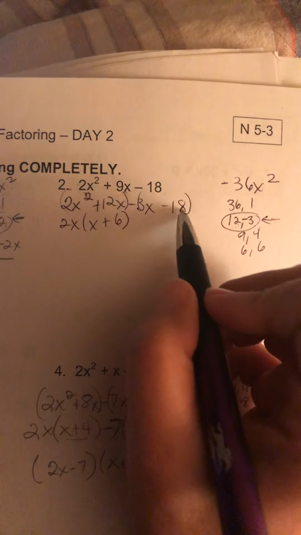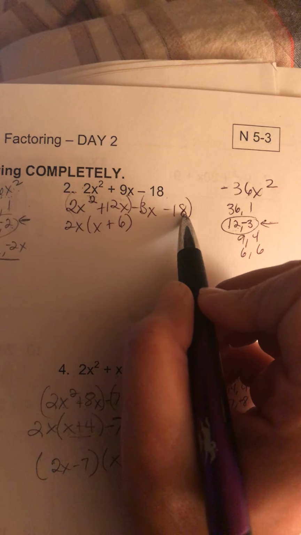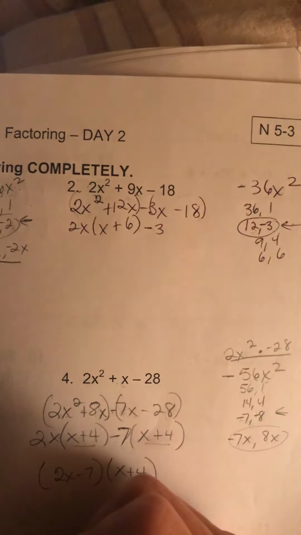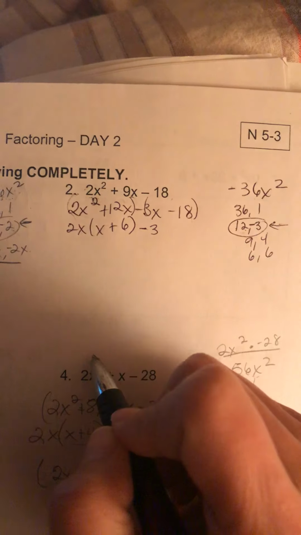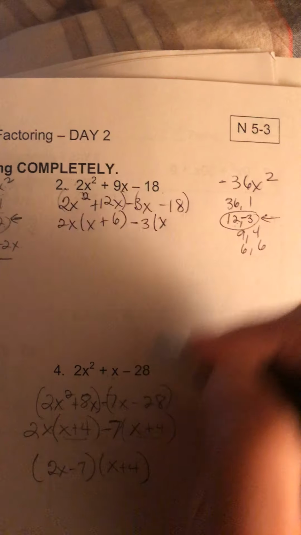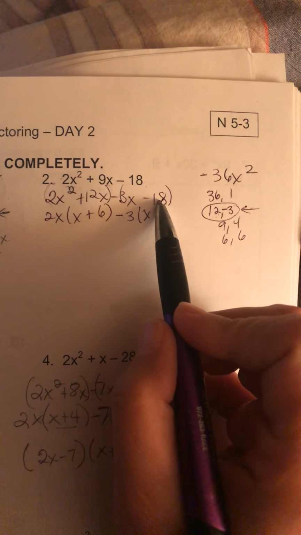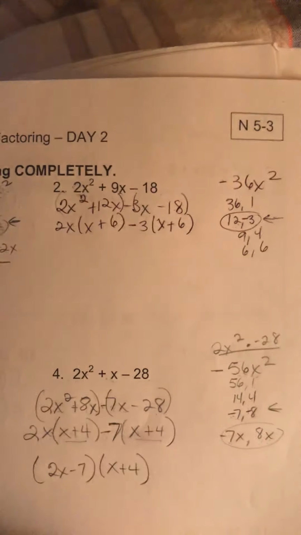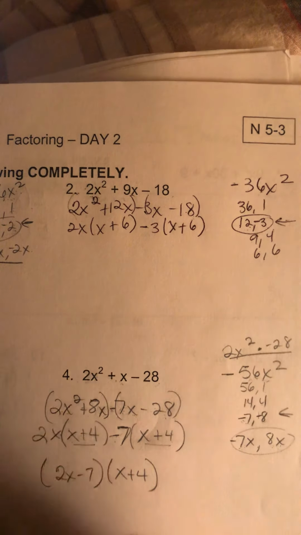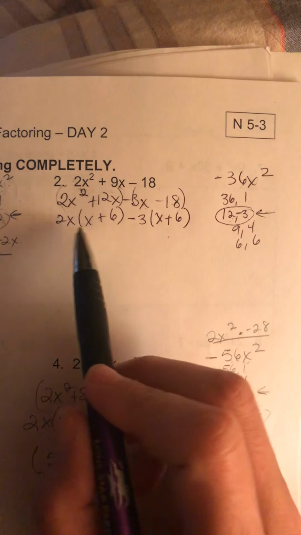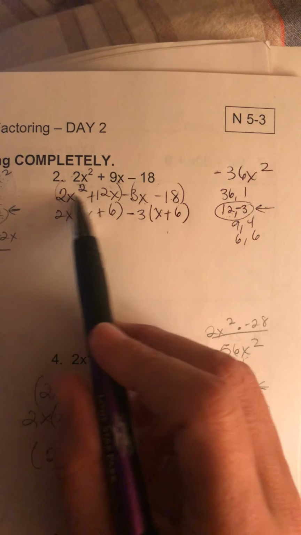What do these two have in common that you can take out? A 3, right? Negative 3. When you take negative 3 out of this one, you're left with x. When you take negative 3 out of negative 18, you're left with positive 6. So we factored 3 out of these two, and we factored 2x out of this.